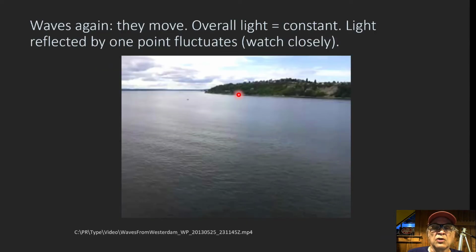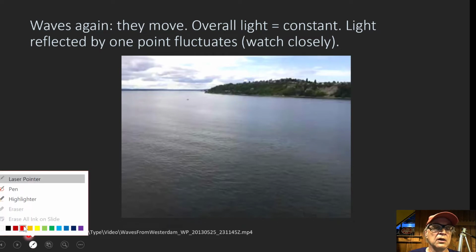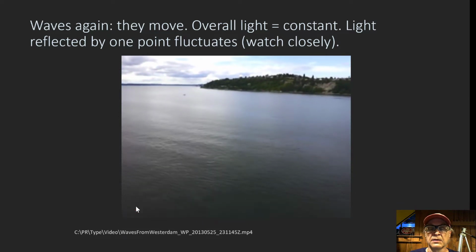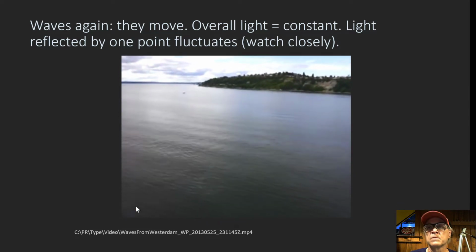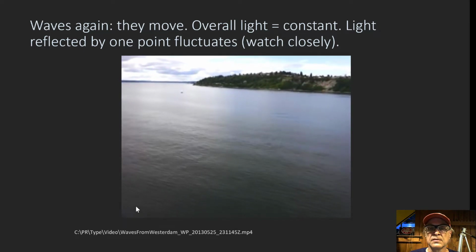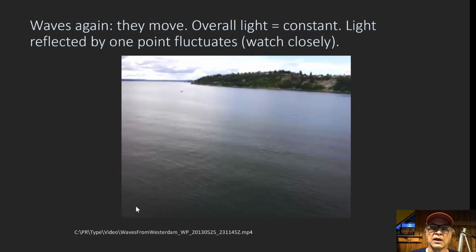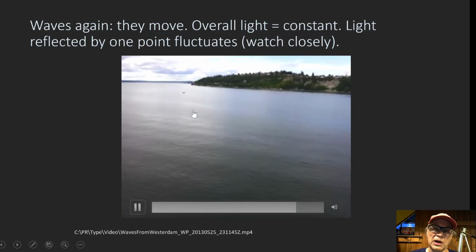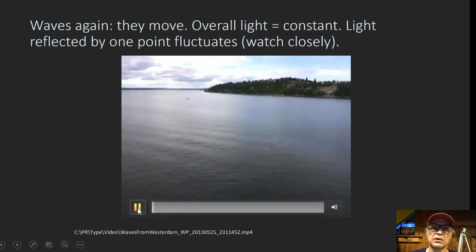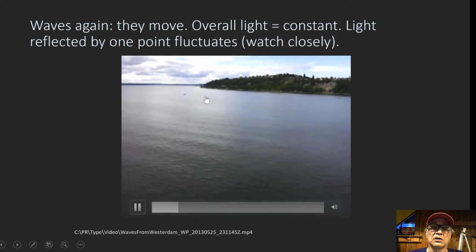Okay, so here it is, the same situation again. I think this time I'm going to try to shine a laser pointer, and then I should be able to actually see these waves. And maybe you can even hear the video. It's a windy day. And the total amount of light reaching my eyes when I was standing on this ship was constant.